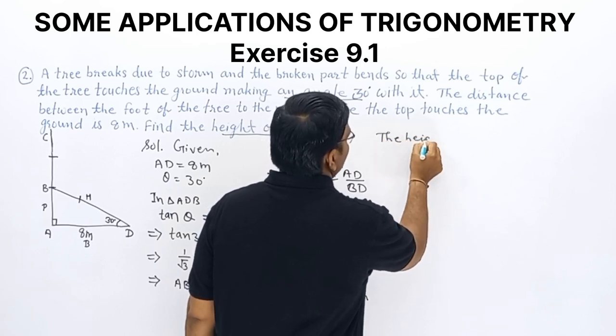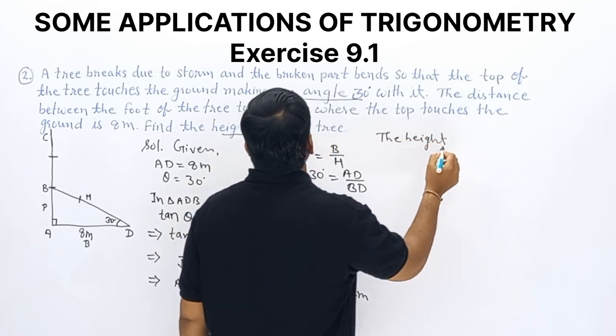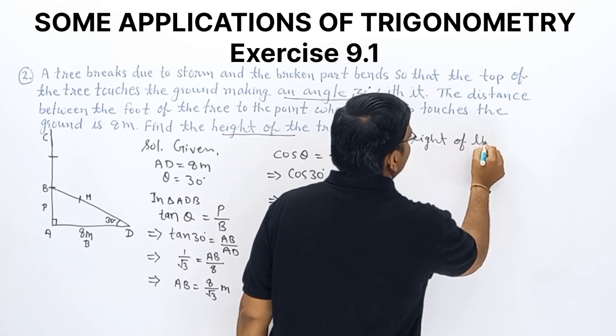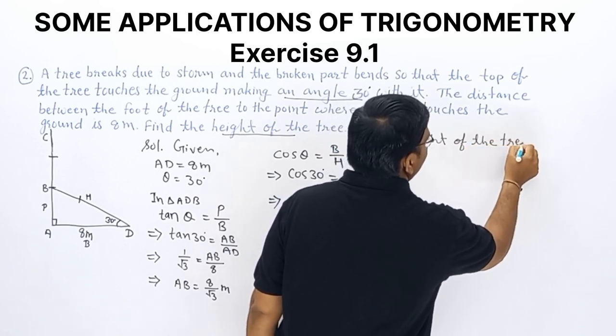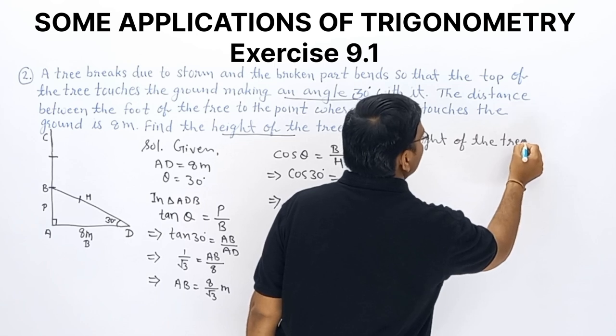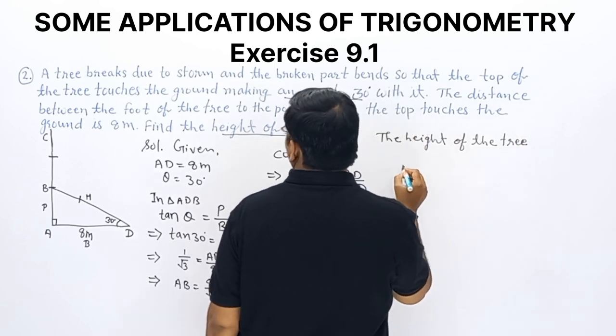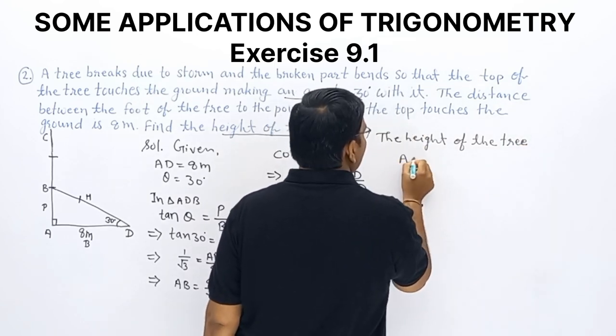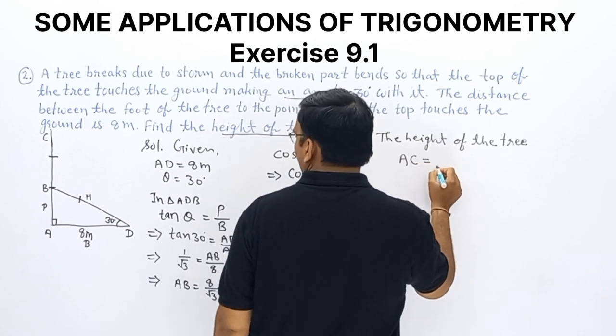The height of the tree, that is AC, equals what?